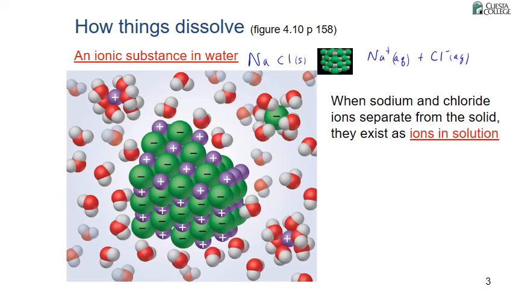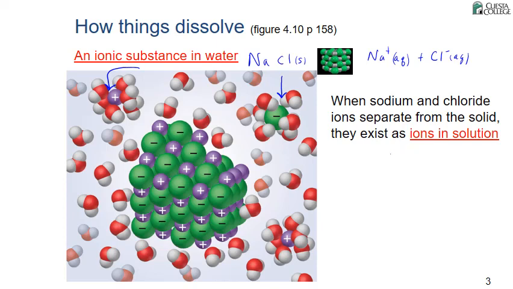When sodium chloride dissolves in water, the sodium and chloride ions separate from each other, and they exist as individual ions in the solution. For example, we can see that the chloride negative anion is surrounded by water molecules, and it's separate from the sodium cation that's also surrounded by different water molecules.